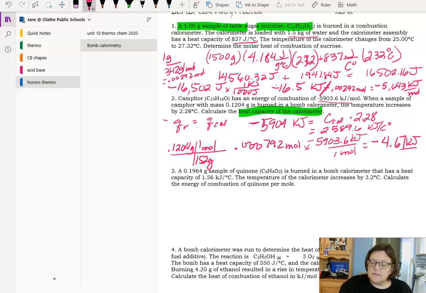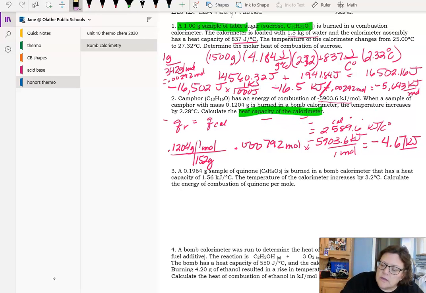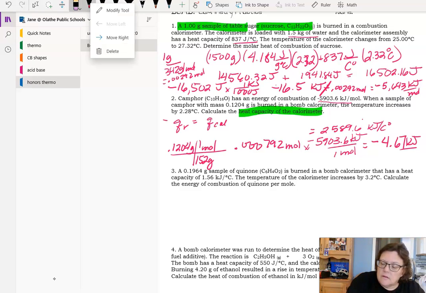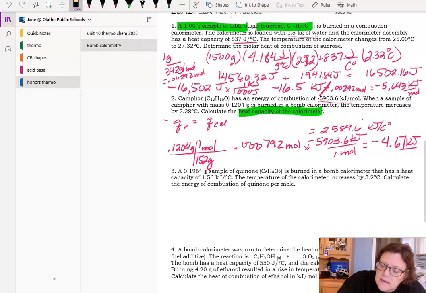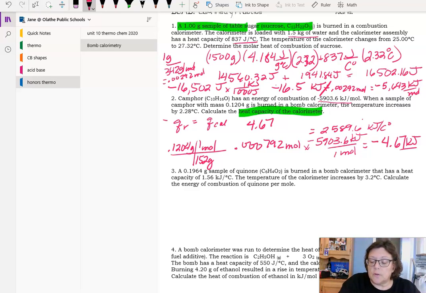Now we just substitute that back into our reaction here. We know that the heat is negative, and it is 4.67 kilojoules because that's what the calorimeter is absorbing. We don't know the heat capacity, but we do know that there's a 2.28 degrees Celsius change.